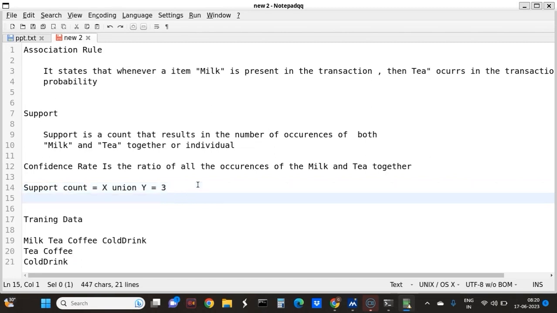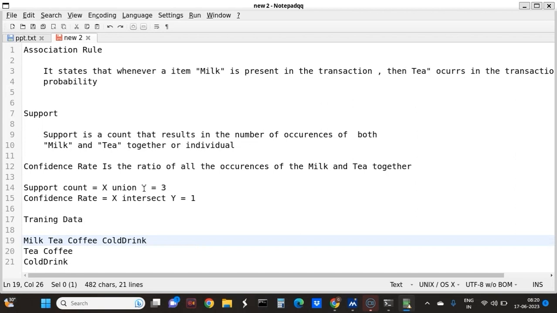So we can say confidence rate is equal to X implies Y is equal to 1, the first row of training data.